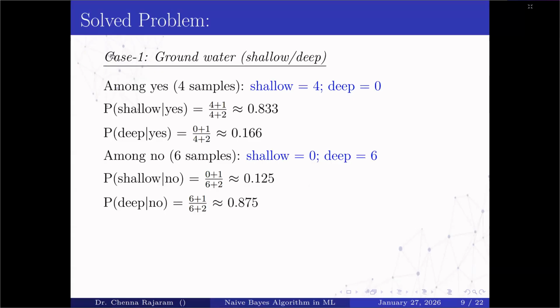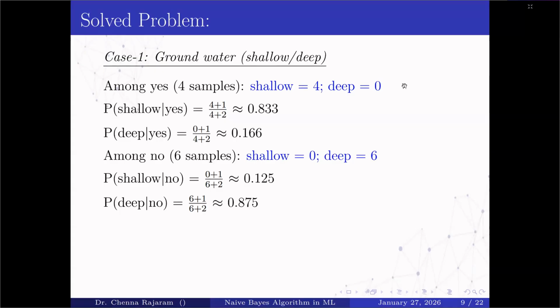Let us take the first case, that is the groundwater category. Under this category, we have two classifications. One is shallow, the other one is deep. Among the four yes samples, the shallow count is 4 and deep is equal to 0.